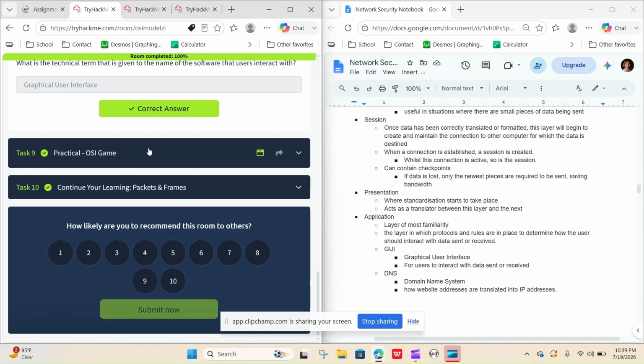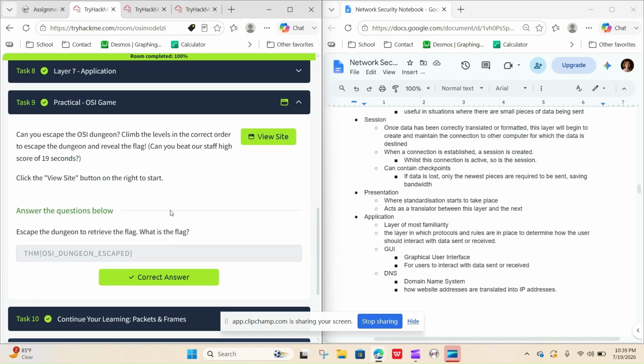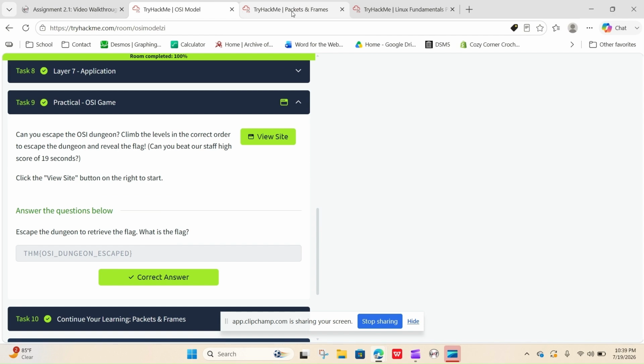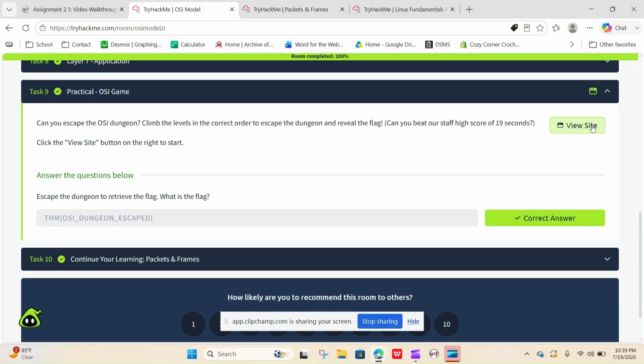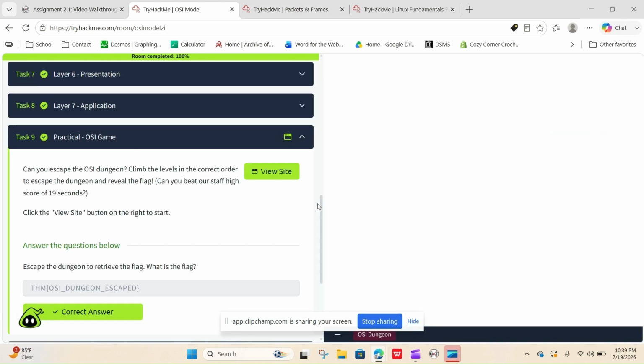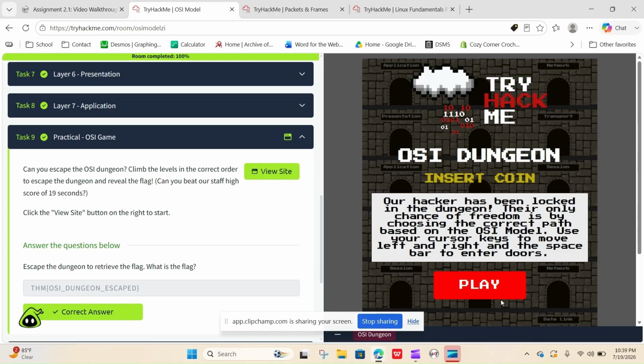So in this little practical application, it gives us a little challenge. Basically, it's making sure we know the correct order of the layers.